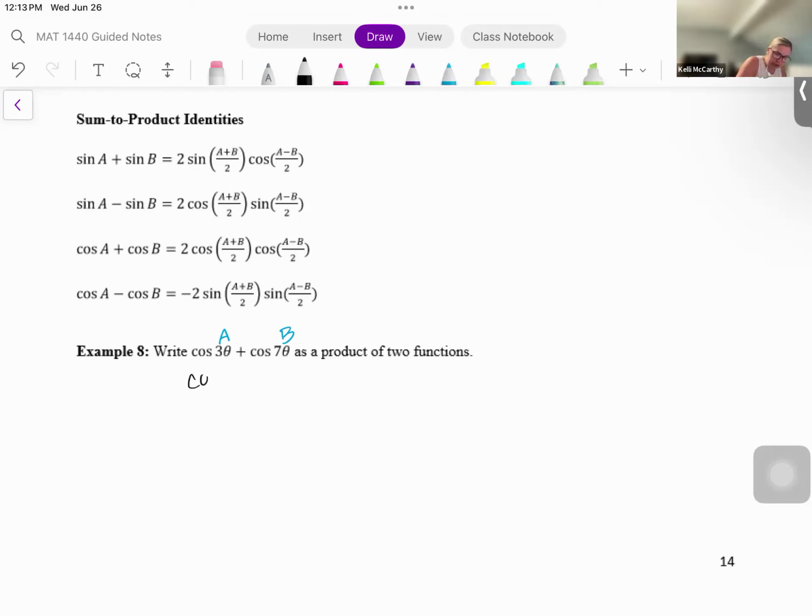And this is really just cosine of angle A plus cosine of angle B, which, using our sum to product formulas, is 2 times cosine of A plus B over 2 times cosine of A minus B over 2.